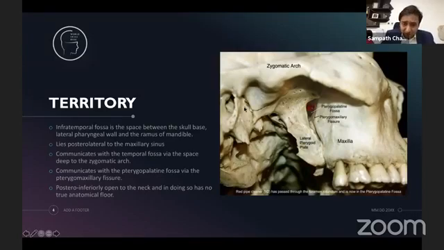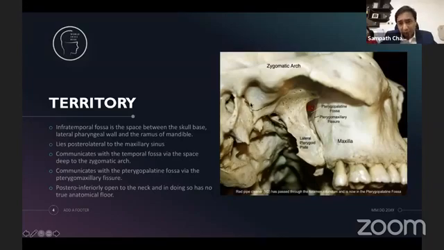So what are some of the structures that we can identify here? Again, the tympanic bone. This tympanic bone for me is the gateway to lateral skull base surgery. This is a small bone, but it's located in a very, very crucial junction between the temporal bone and the infratemporal fossa. So this has to be dealt with, removed a lot of times for us to get into more deeper areas.